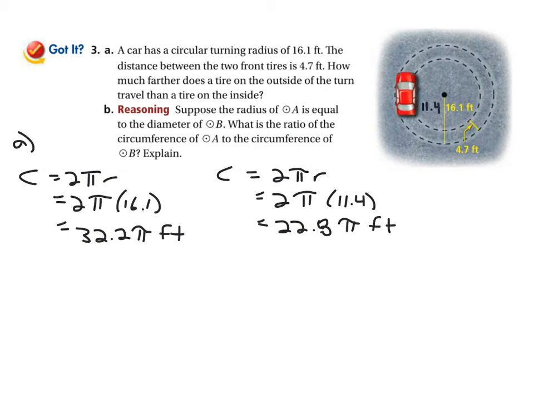And when we subtract, we take 32.2 minus 22.8, and we get 9.4 pi feet.